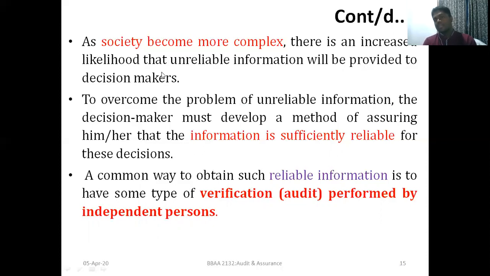So when society becomes more complex, more difficult to understand, there's more chance for unreliable information to be provided. At that time, decision makers have to be very careful. The business environment, the market, is very complicated, very difficult to predict, very complex. So there's more chance for this kind of unreliable, fake information, because high competition is going on.